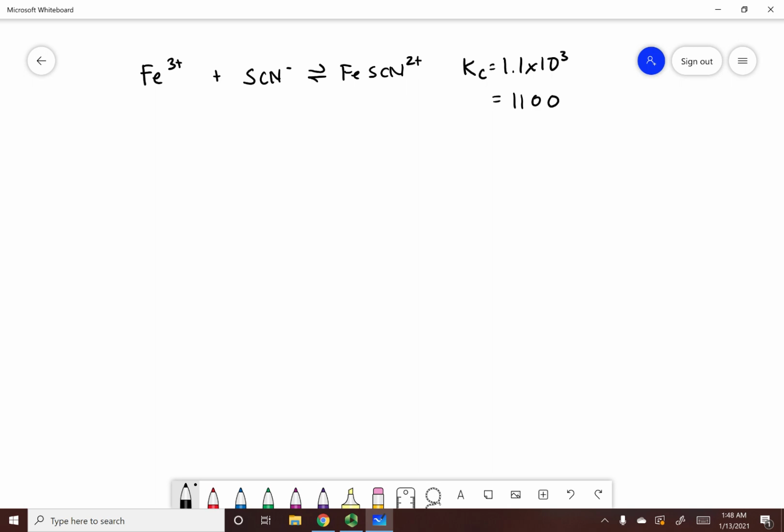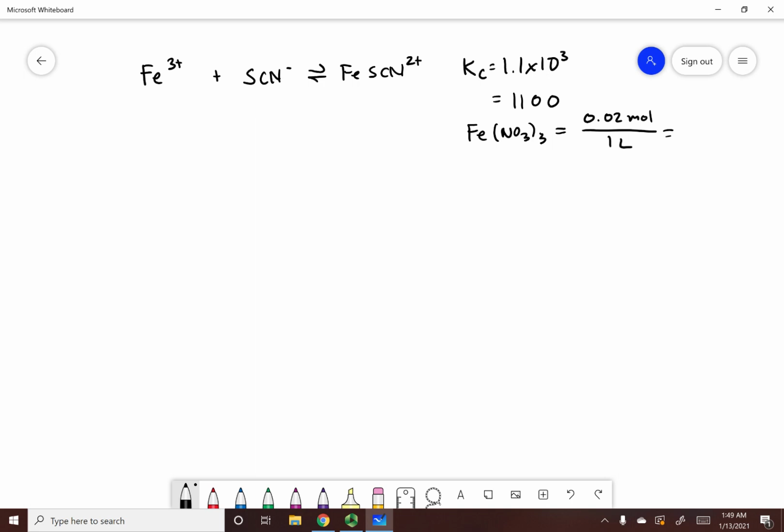Now let's look at the things they add in our equilibrium. The first thing they have is FeNO3, 3. They tell you that they add 0.02 moles of this into a 1 liter solution, and doing this addition does not change the volume.